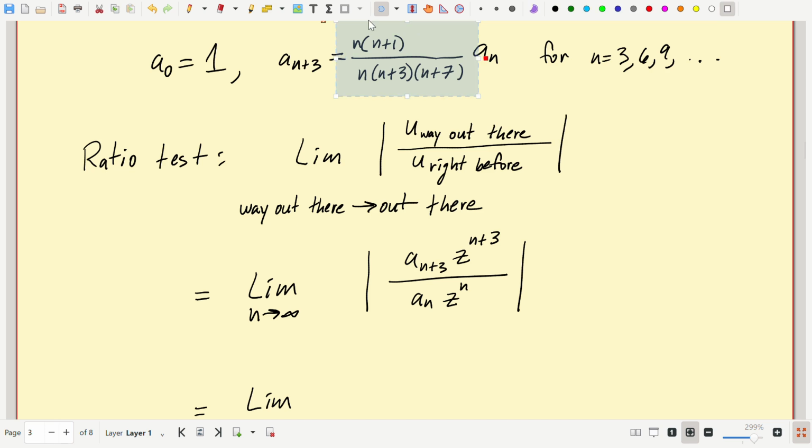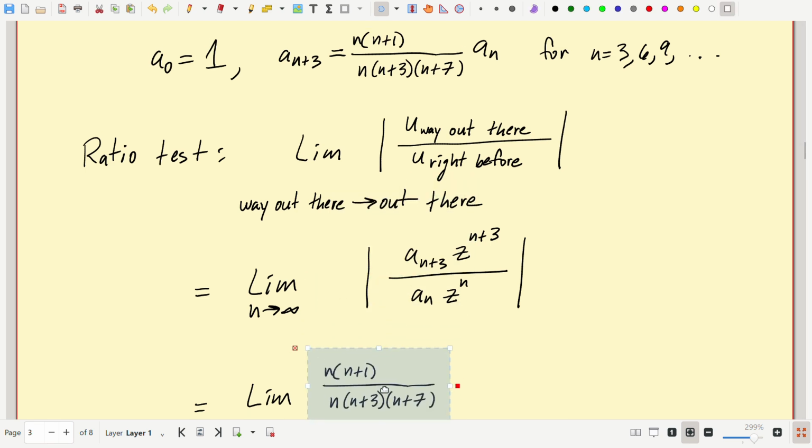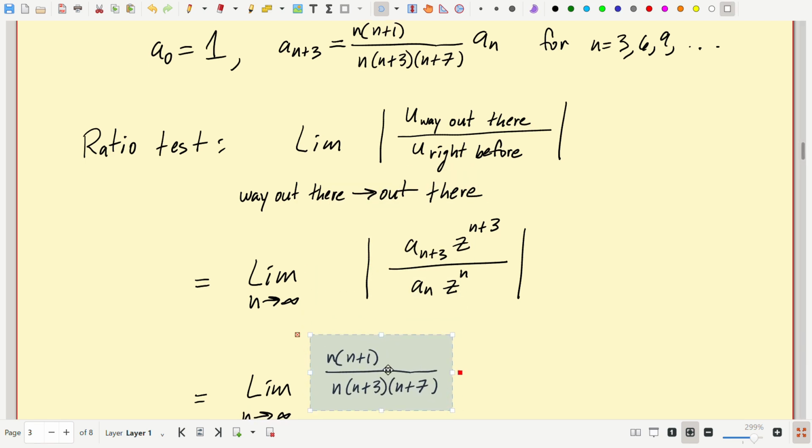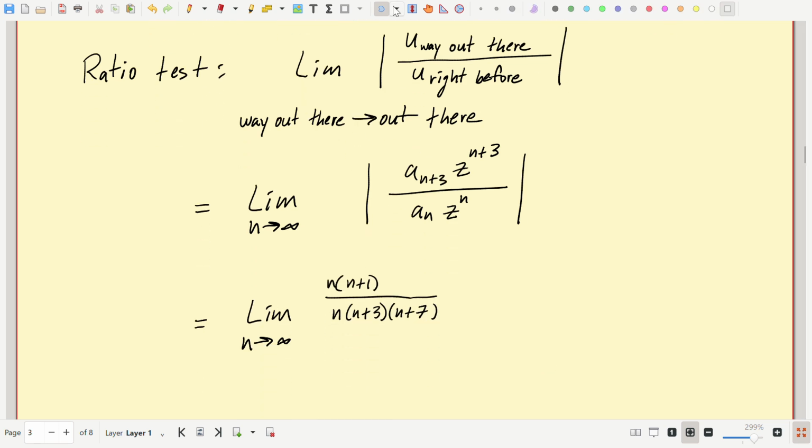That's the ratio of a_{n+3} over a_n. And now let's see, z^{n+3} over z^n in modulus is z cubed.